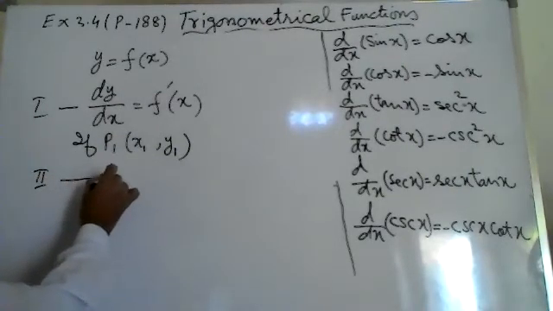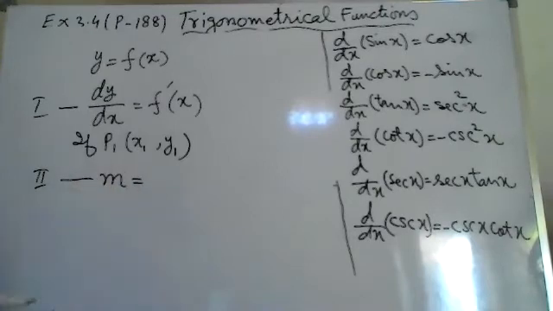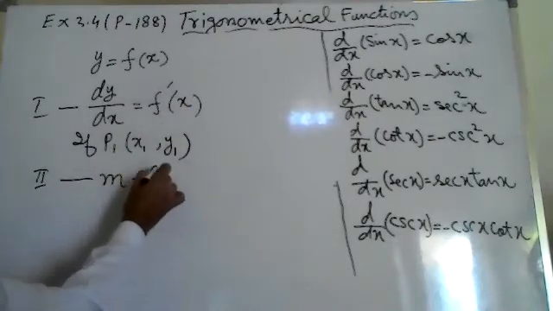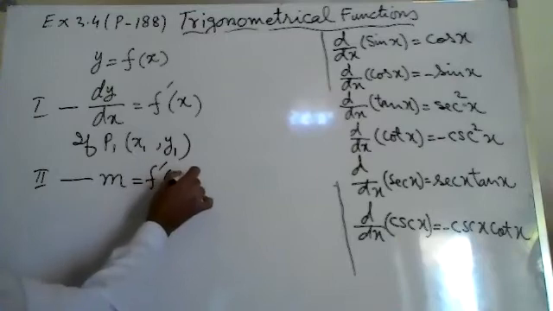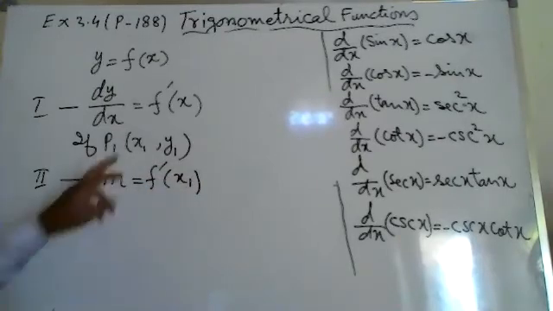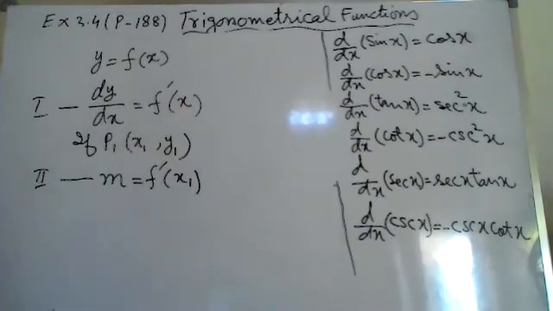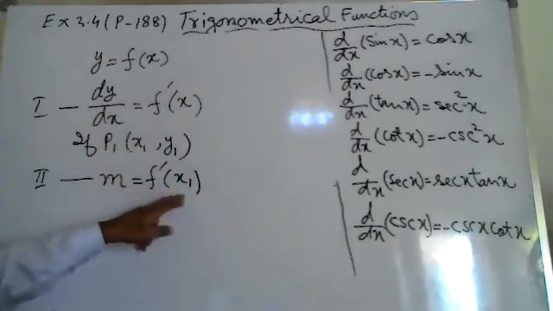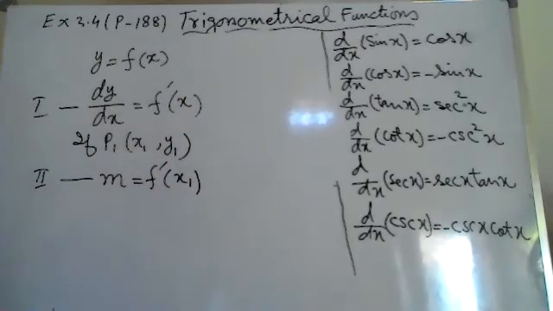This is the slope of the tangent line, m. X is replaced by x1, f dash x1. x1, y1 will be replaced in this equation. Then in the answer, we will replace x and y to find the slope.